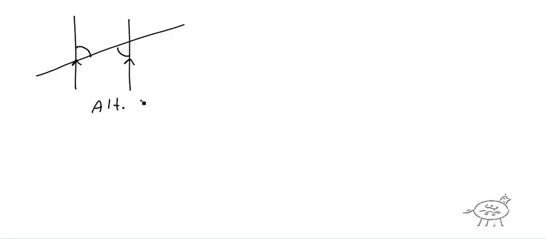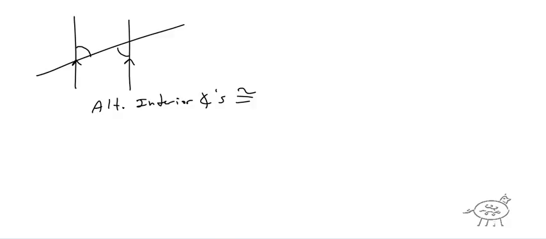Another quick thing to keep in mind: if I say these two lines are parallel and I draw a transversal, you're going to see this a lot. These angles are going to be congruent. What type of angles are those? Alternate interior angles are congruent.